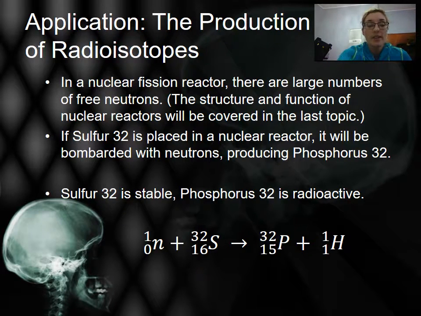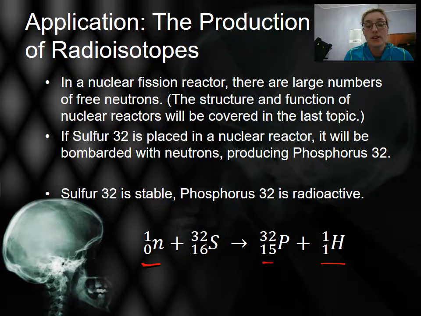And if we have a look at the chemical reaction down here, we have a neutron being added to our sulfur, and after the reaction we still have a total of 32 nucleons, but we've gone down to 15 protons, which is why it's gone from sulfur to phosphorus, and in the process a hydrogen has been produced also.